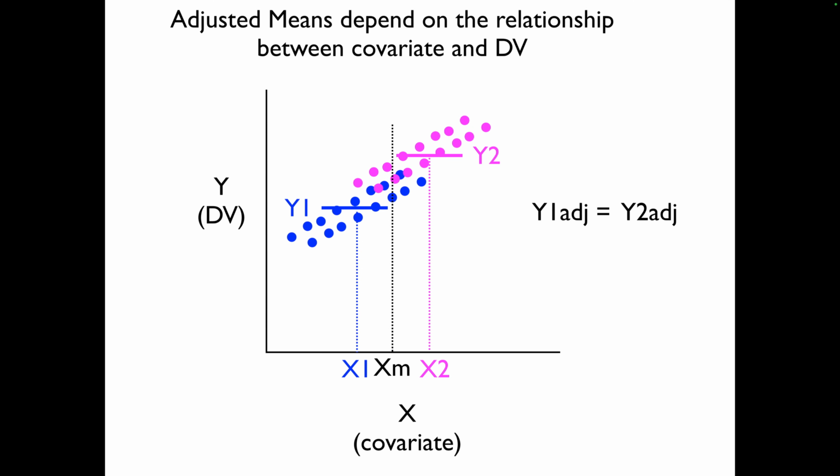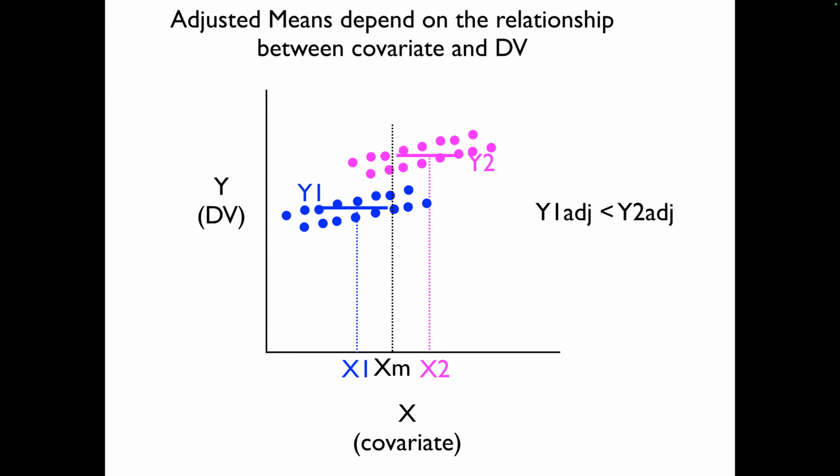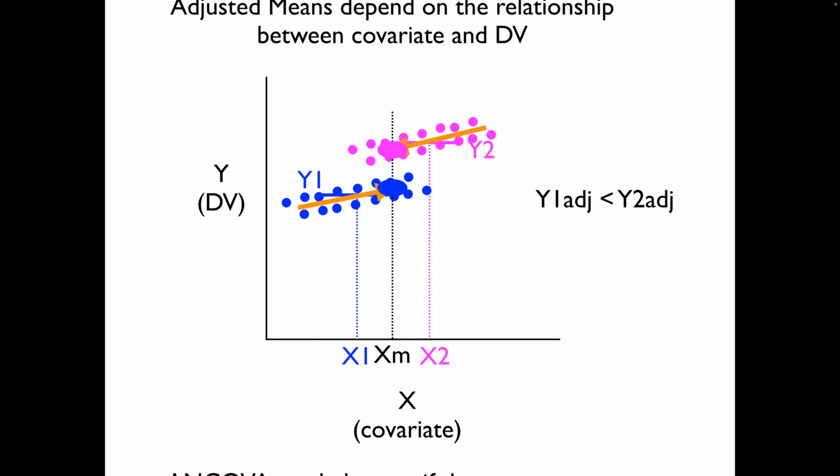In this kind of situation where there's more of an overlap on the covariate, you can have a situation where the difference between y1 and y2 is decreased or even goes away when they're equated on the covariate. You can have a situation where the difference is just reduced a little bit, still there but reduced.